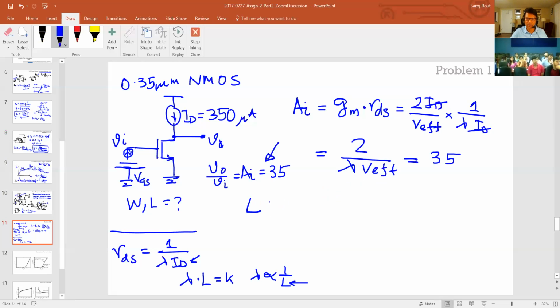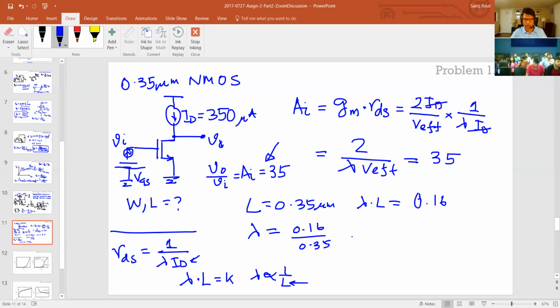So I would start with L equals 0.35 micron, and then use lambda times L, which for this technology is given as 0.16, which means lambda is 0.16 over 0.35 per volt. I'm just omitting all the units, pardon me for that, I just don't want to waste so much time.